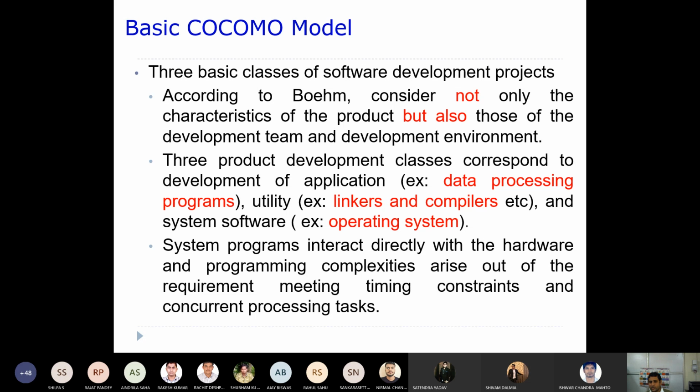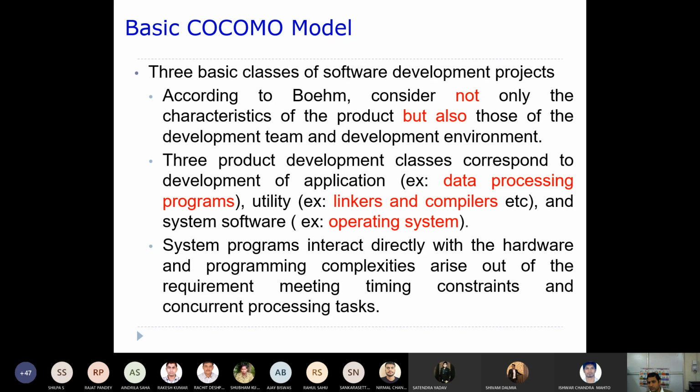They have timing requirements and constraints. We'll be seeing how different processes can be run concurrently. These are all various aspects associated with system programs. That means system programs are the ones which will take more effort, and they are much more complex, right?